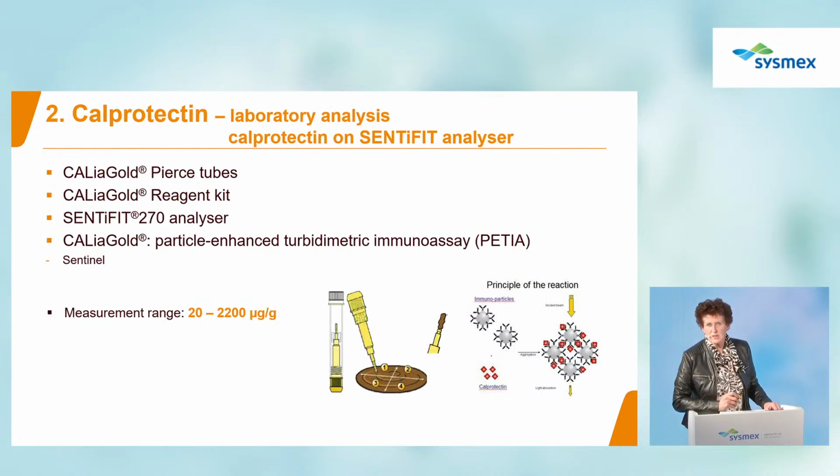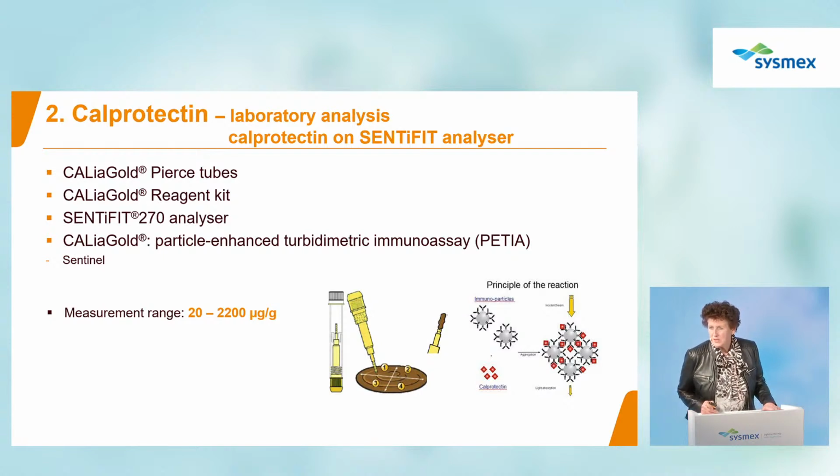Well, how is the test performed? For the calprotectin laboratory analysis, when we use the SENTiFIT system, you can use the CALiaGold Pierce tubes with the accompanying reagent kit. And we measure on the SENTiFIT analyzer, and the method used is a PATIA, a particle-enhanced turbidimetric assay.